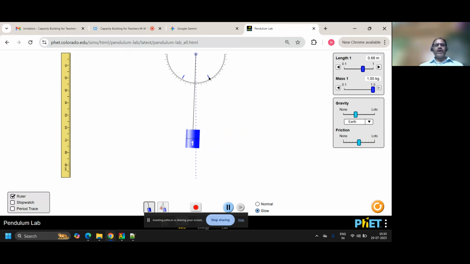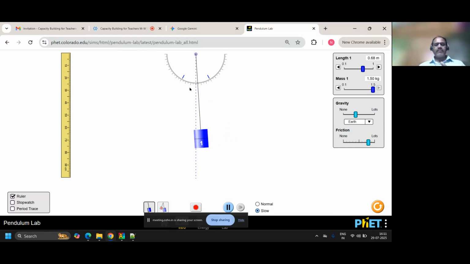In a few oscillations, it will start slowing down a lot. Now let me increase the friction furthermore. Look here. Previously it came up to this point, now it is coming only up to this point. 2 degrees are lost. Again, when it comes to the left hand side, it will come only to this point because it is losing energy because of the friction.